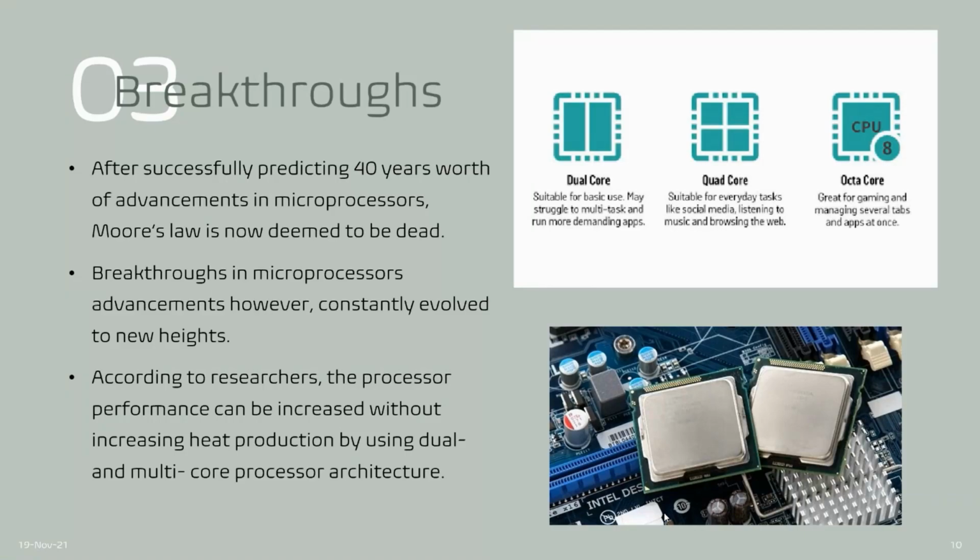After 40 years of Moore's Law, the advancements in microprocessor technology continued to reach new heights. It was found that the performance can be increased without actually increasing heat production or power consumption by using dual and multi-core processor architecture.